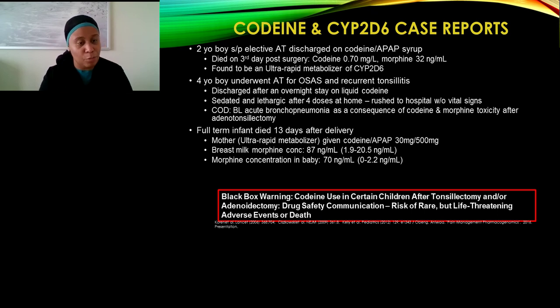So the baby received morphine. Looking at these case reports tells us the significance of really embracing pharmacogenomics and making clinical utilities out of it so we can prevent unnecessary deaths like this.